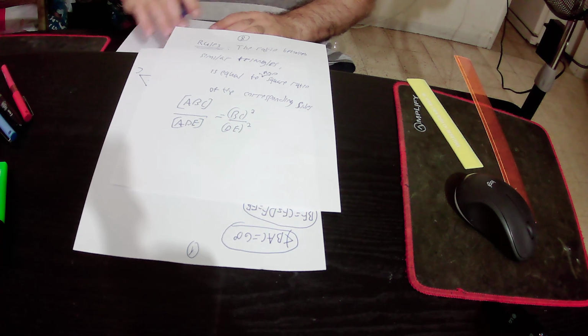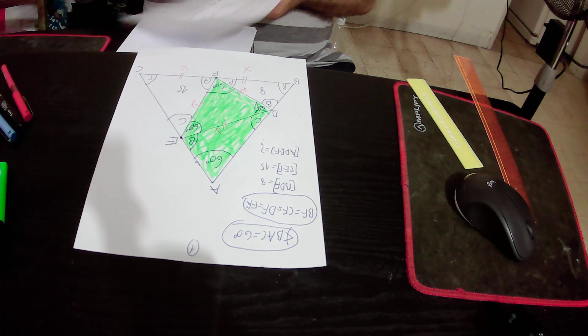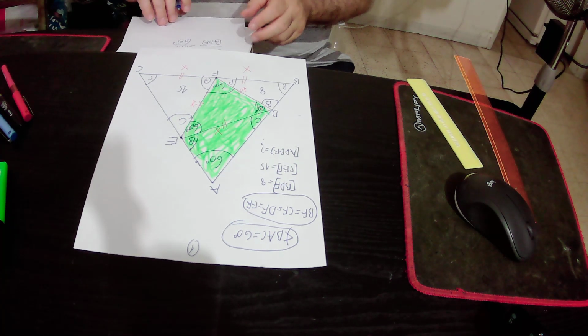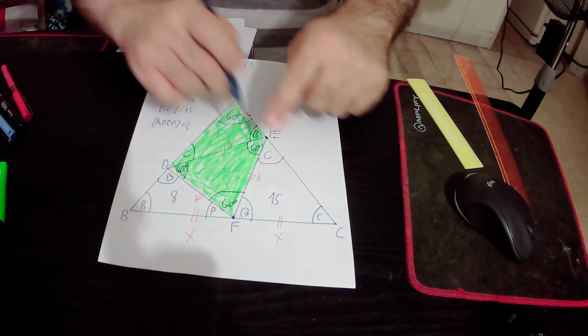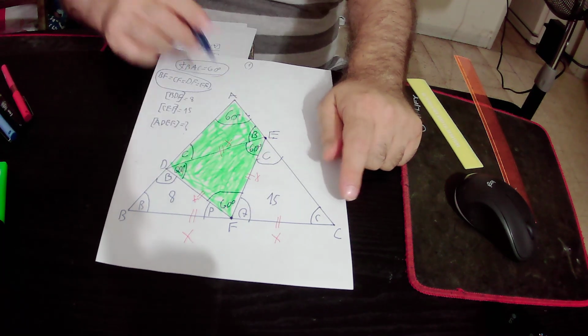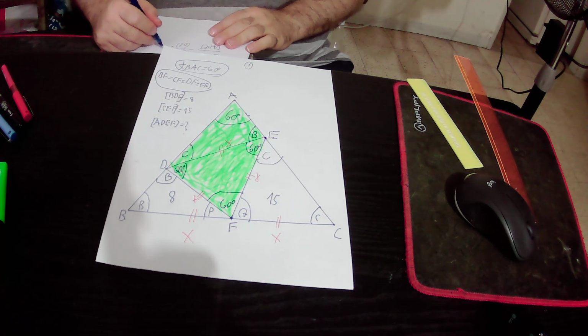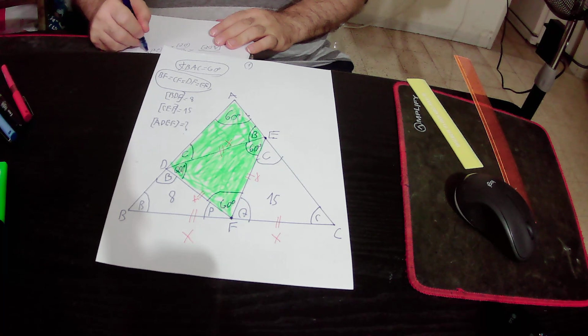Okay, but what is the value of BC? BC equals x plus x, that is to say BC equals 2x, and BC square is (2x) square over DE square, which is x square.